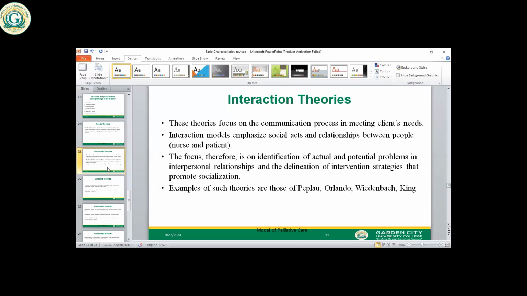Any theory whose focus is on communication, how well the nurse should communicate with the patient, or with other members of the health team to bring about health or meet the patient's needs, is a typical example of an interaction theory.